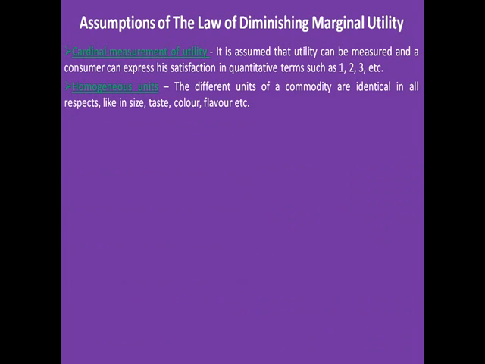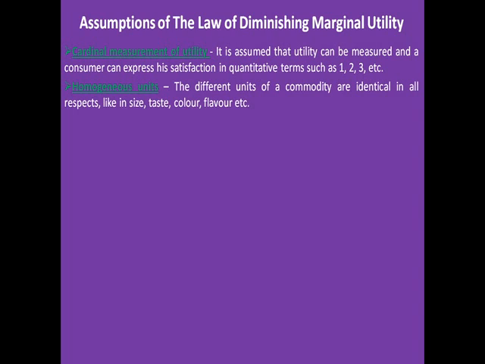Then the second assumption of this law is homogeneous units, that is, the units of consumption should be identical, homogeneous in size, in taste, in color, in flavor, in every respect, that should be the same. That is, suppose you are consuming rasagulla, the first unit of your consumption is rasagulla, then the second unit of your consumption should also be rasagulla, with the same size, same taste, same color, same flavor.